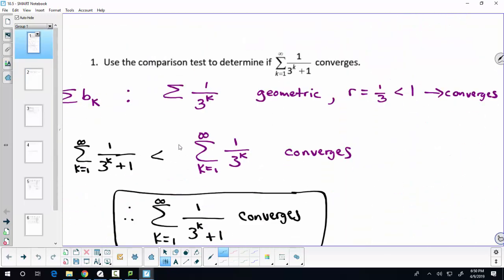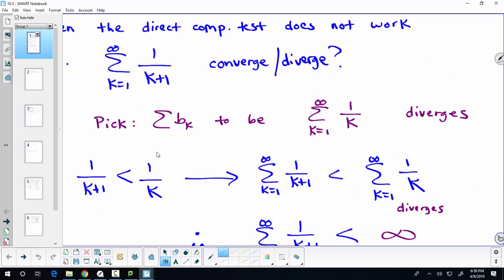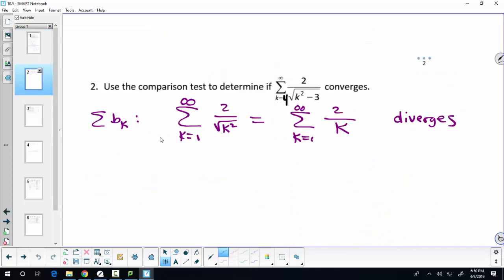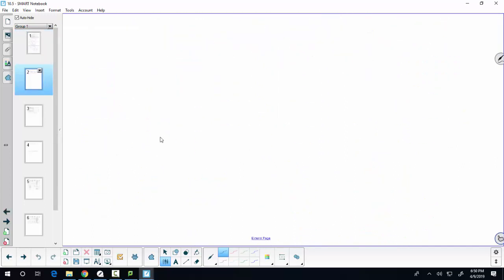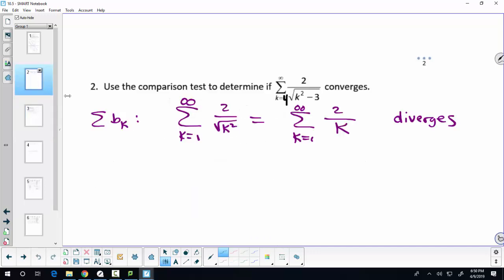Where were we? Finish that. Oh, we weren't very far then, huh? Yeah, we just started the page. We're on number 2. Weird, I thought we got further than that last week.